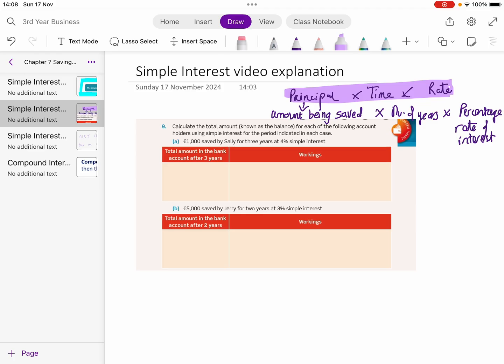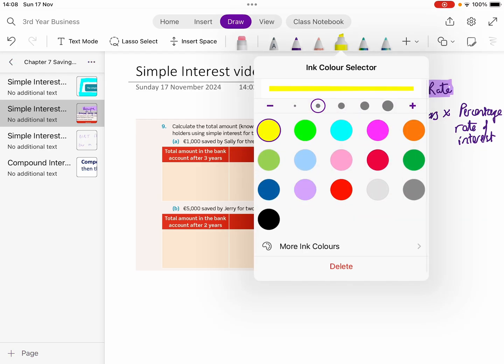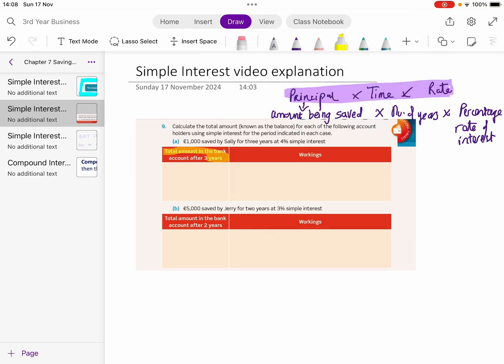Now, if I do all the correct workings and I put the wrong answer in, it's a real shame. So I have to read my question carefully. What are they asking me for here? It's the total amount in the bank. So I'm going to start and say principal by time by rate.